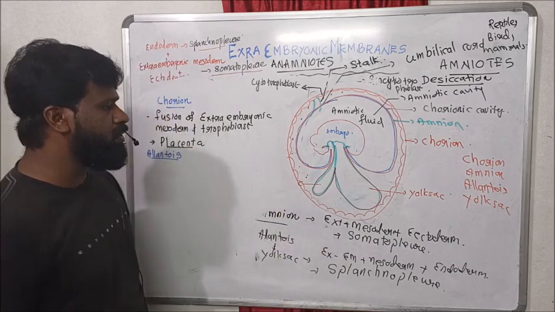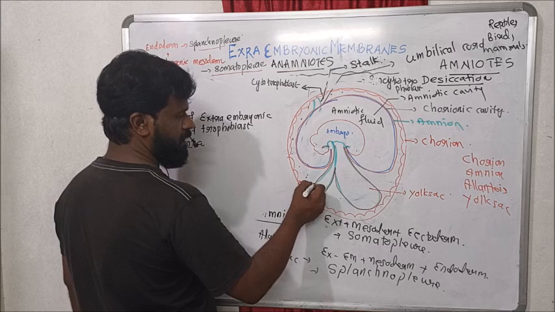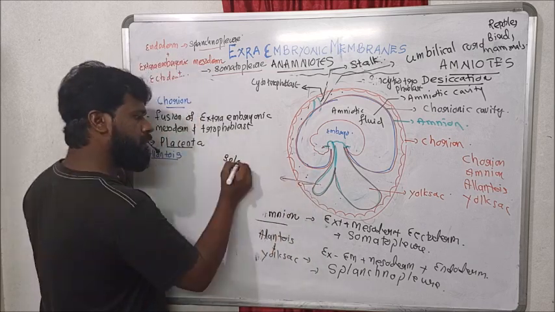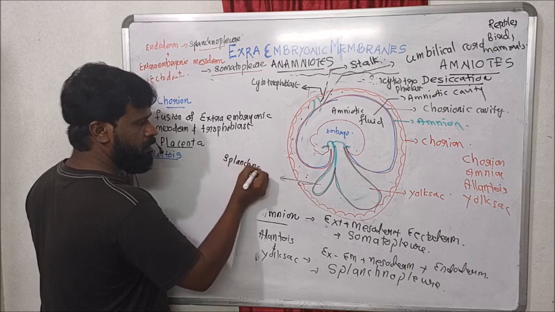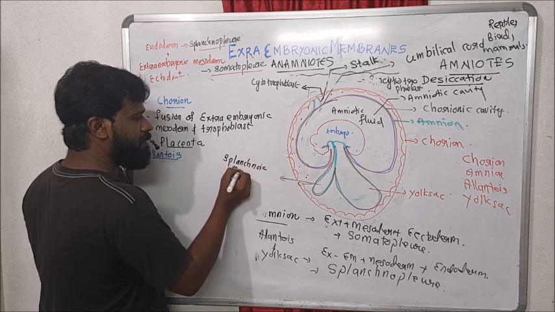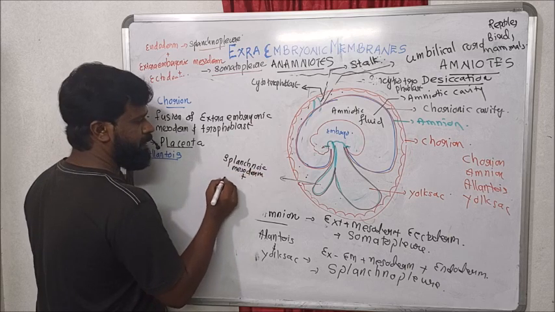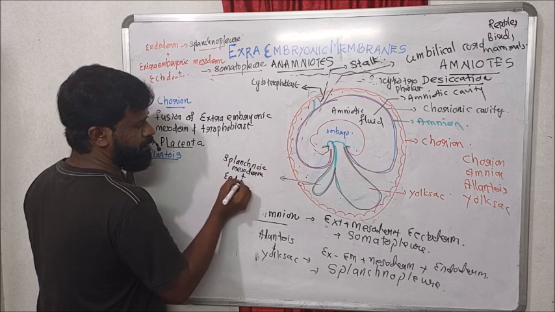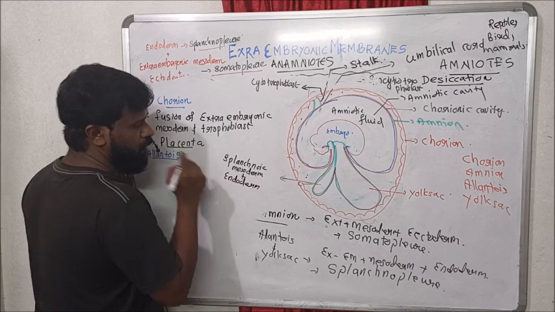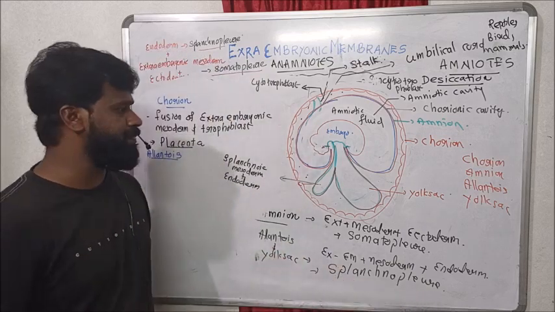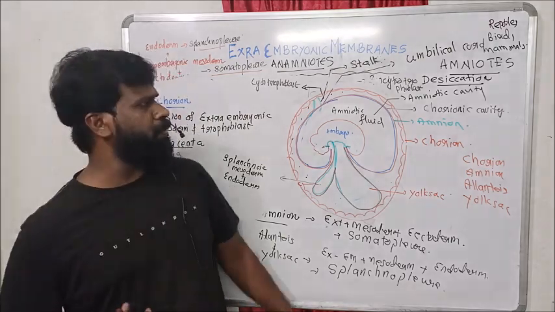It is formed of splanchnoid mesoderm and endoderm, called splanchnopleure. This allantois helps in the formation of umbilical cord.